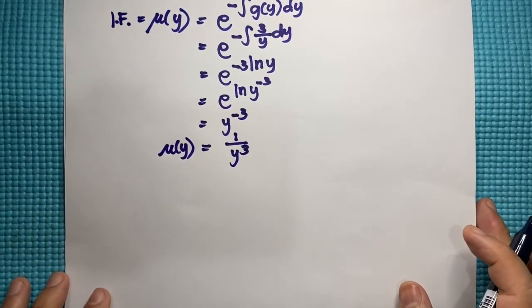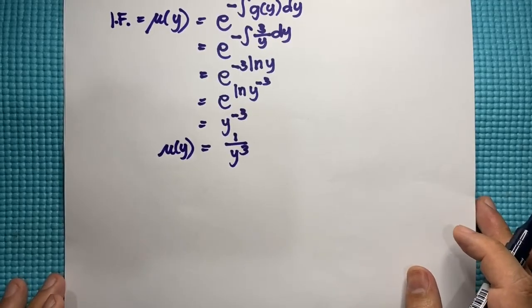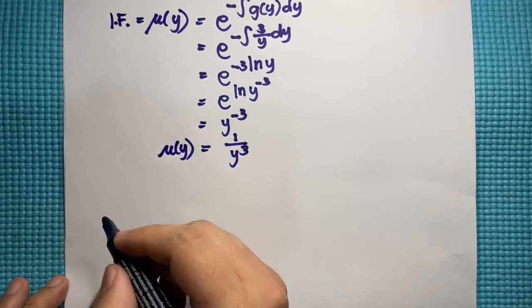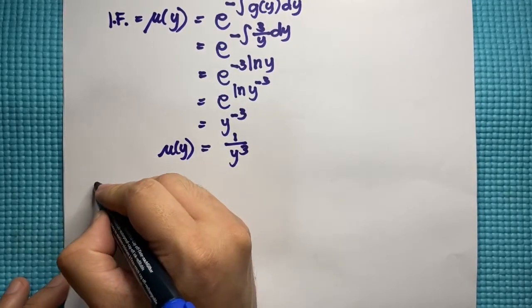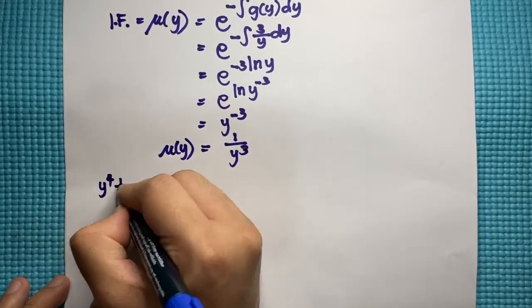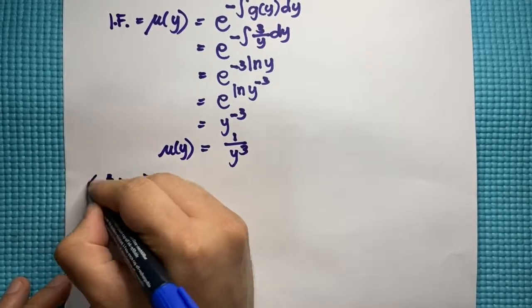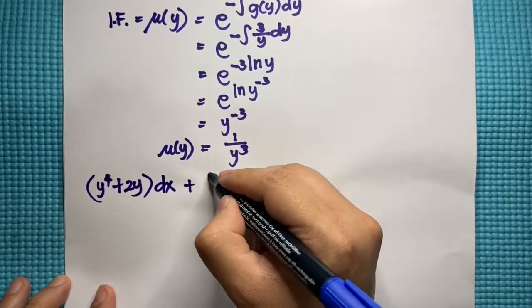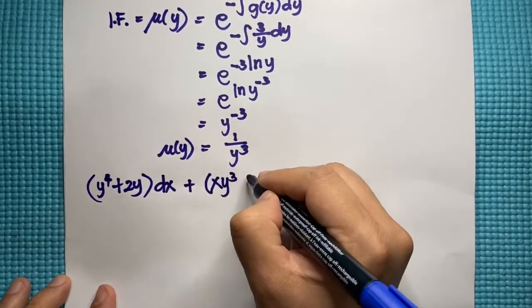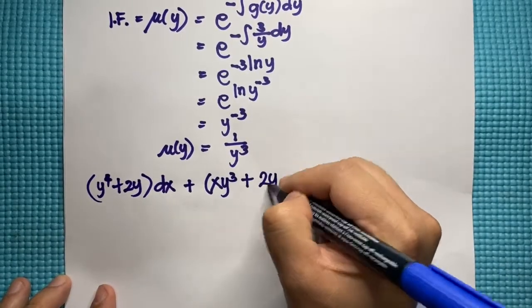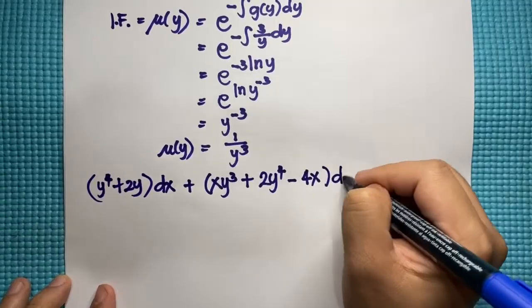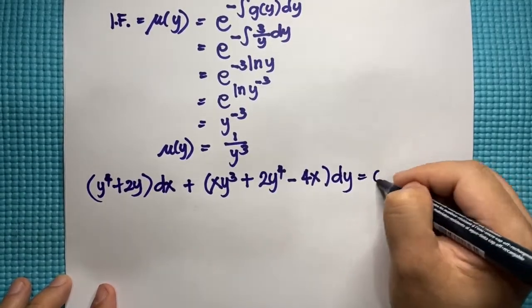So let's check whether our integrating factor is correct or not, by multiplying it with our original differential equation, which is (y to the fourth plus 2y) dx plus (xy cubed plus 2y to the fourth minus 4x) dy equals 0.